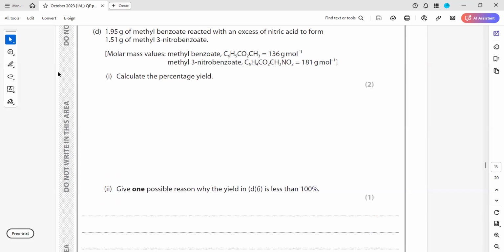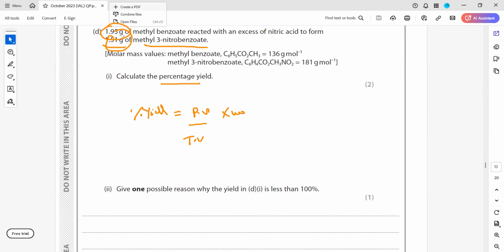1.95 grams of methyl benzoate reacted with an excess of nitric acid to form 1.51 grams of methyl 3 nitrobenzoate. What is the percentage yield? Percentage yield is the practical value divided by the theoretical value, times 100. So 1.95 grams of methyl benzoate with excess acid formed 1.51 grams.